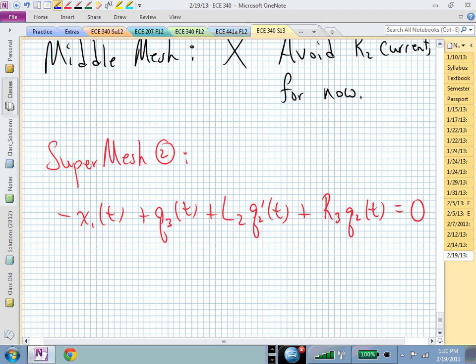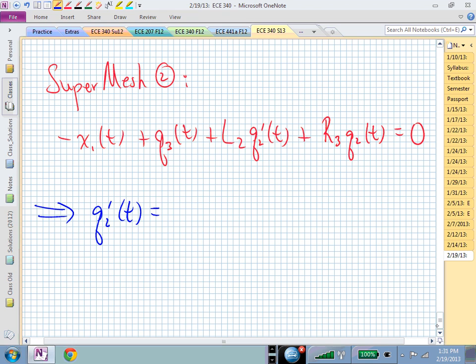This now allows me to solve for q sub 2 prime. And I typically like to write that with my q subscripts increasing. So let me start with minus R sub 3 over L sub 2, q sub 2 of t. That's that piece.